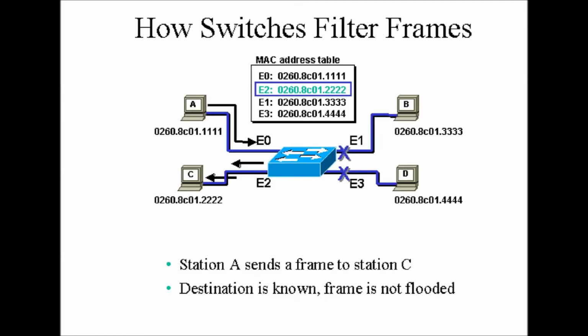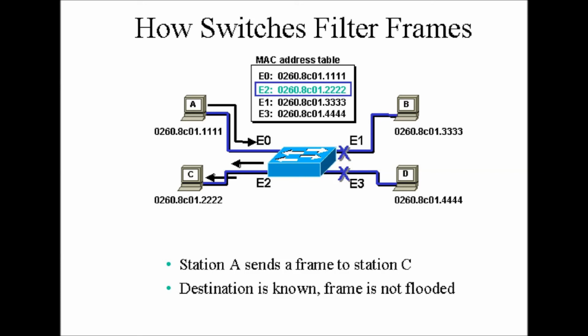Dear students, this is the last slide of our lecture, and we have discussed bridging and switching in detail in our three lectures. In this slide you will learn how switches filter frames.